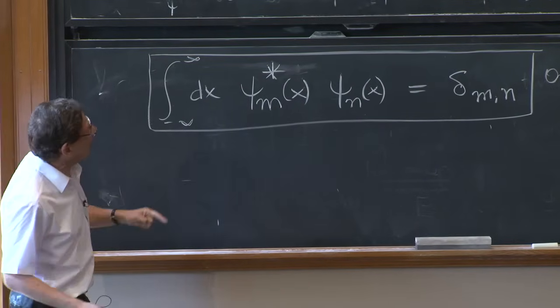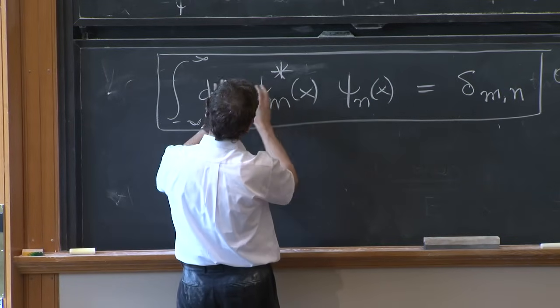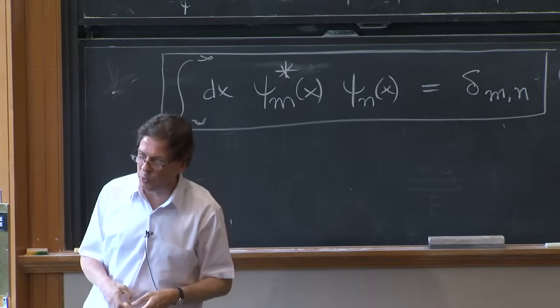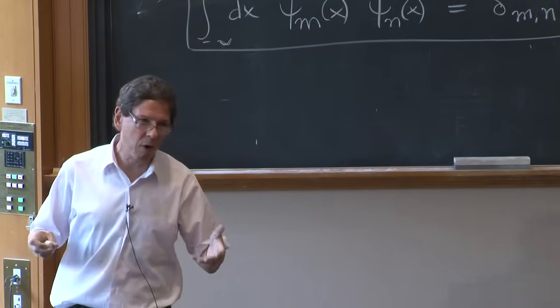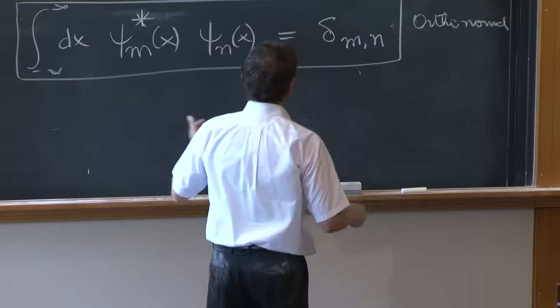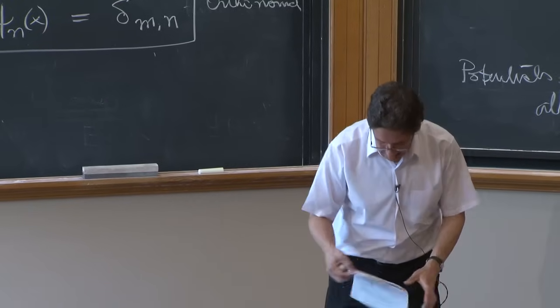On the other hand, if they are the same, if m is equal to n, it says that the integral of psi squared is 1, kind of like a wave function that is well normalized. So we say normal for orthonormal. So these are orthonormal wave functions, and that's good. This is called orthonormality.